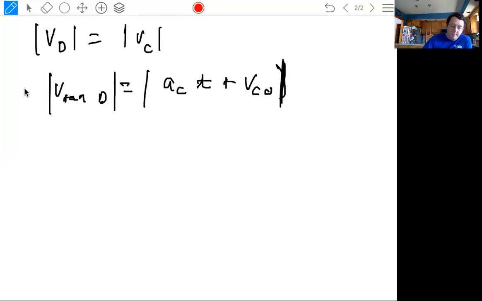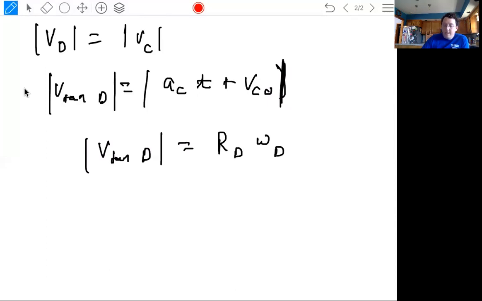Now, because the point D is on the edge of a circle, I can relate that to an angular velocity. So v tangent at D equals r times omega, the radius at D times omega at D. I have to be a little careful here. I have a speed on the left-hand side, but omega could be positive or negative.